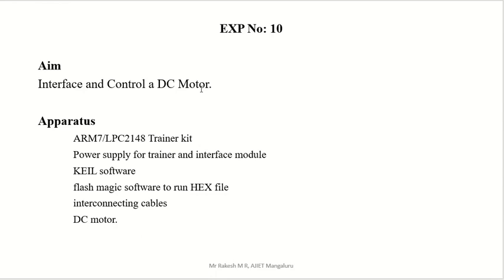Now how will your motor rotate? That means in continuous fashion. So if your motor rotates in continuous fashion, then that is called a DC motor, and if that motor rotates in a discrete fashion, that means step by step, then that is called a stepper motor.